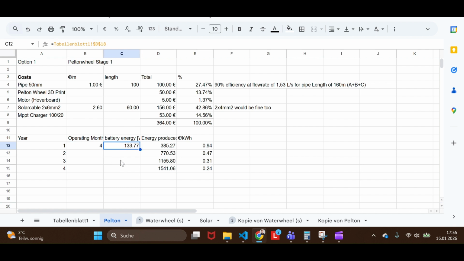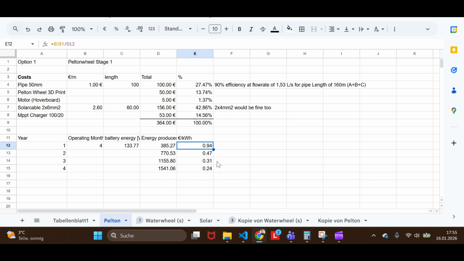Here's my battery energy, my energy that I plan to produce in stage 1, and this will be resulting in 385 kilowatt hours every year. And as you can see, of course, the first year it is still almost €1 per kilowatt hour, but the longer I will use this system, the cheaper it will get.